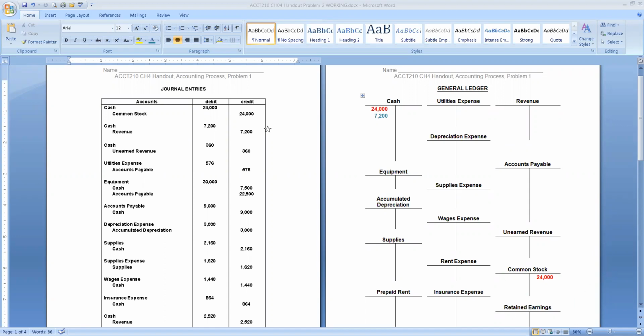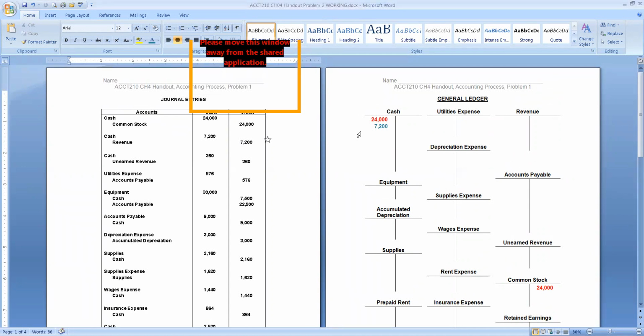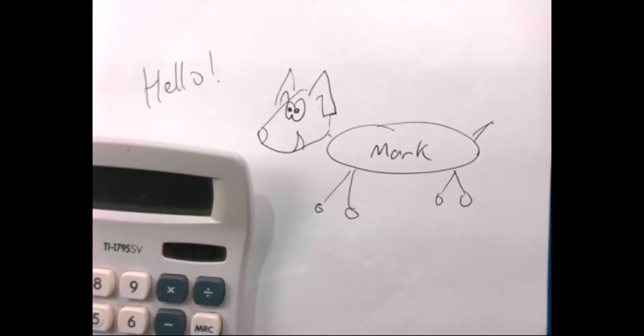Let me switch it here. Oh, now I got a weird thing on my screen. See? Isn't this fun? Watch me learn how to use a computer.